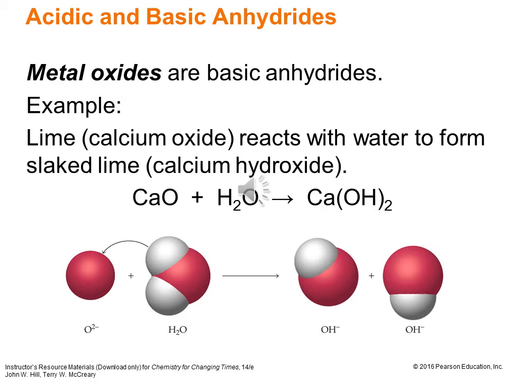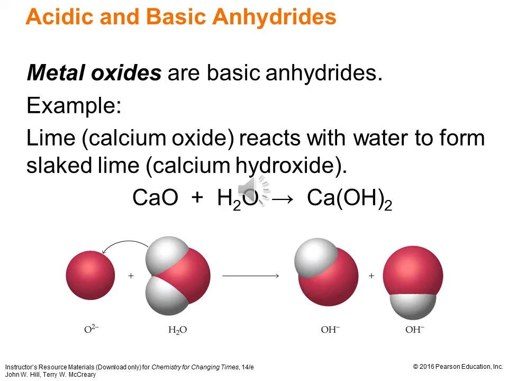So if nonmetal oxides can give rise to acids because they're acidic anhydrides, metal oxides can often be thought of as basic anhydrides. So if we look at the example here, lime, calcium oxide, reacts with water to form slaked lime, which is calcium hydroxide. And there we see the hydroxide ion that we recognize from the Arrhenius theory definition of a base as being one of the characteristics of a base, right?